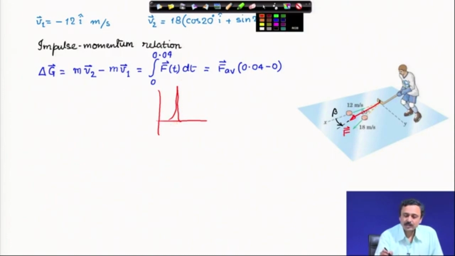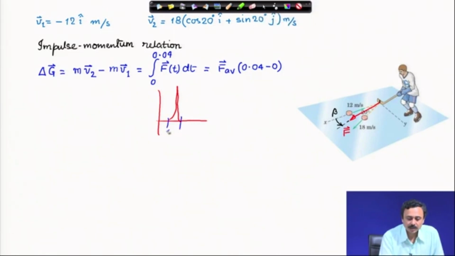But what we can always define is, since the time interval can be roughly estimated, in this case it is mentioned in the problem as 0.04 second. Therefore, this time interval is 0.04 second.